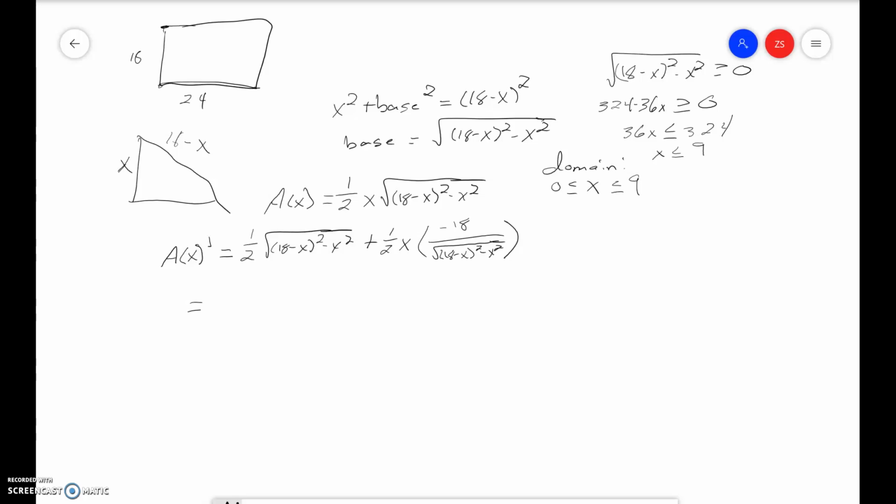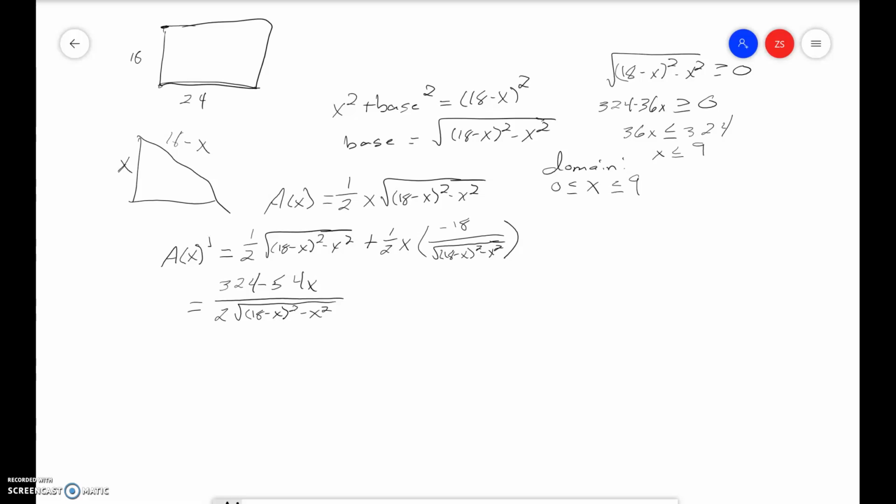Simplifying this down, we can break this down to 324 minus 54x all over 2 times the square root of (18 minus x) squared here. Now, since we have our derivative, I know we need to find critical points, but let's talk about the endpoints here real quick.